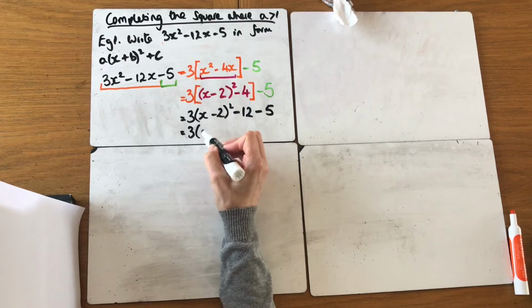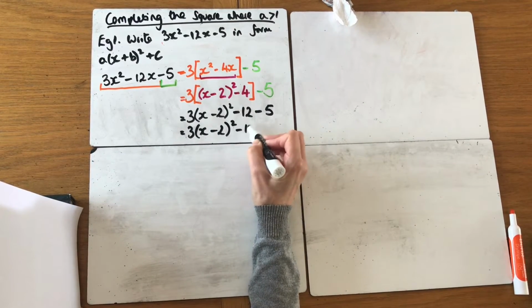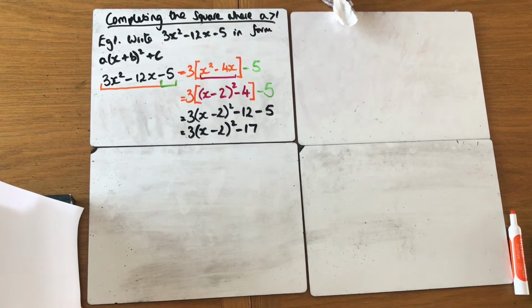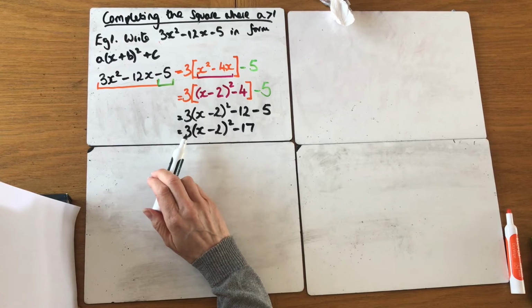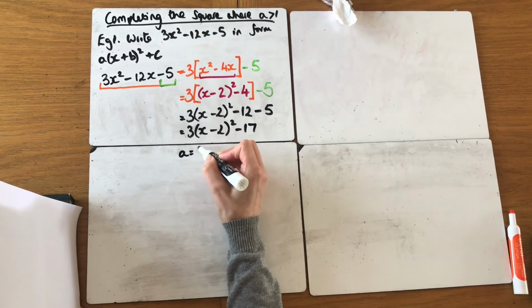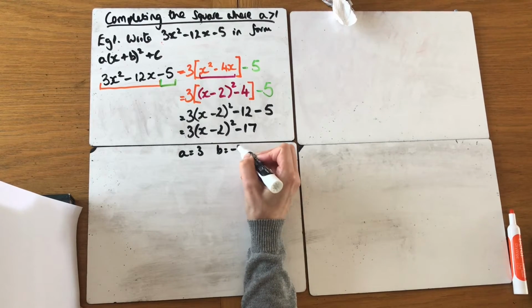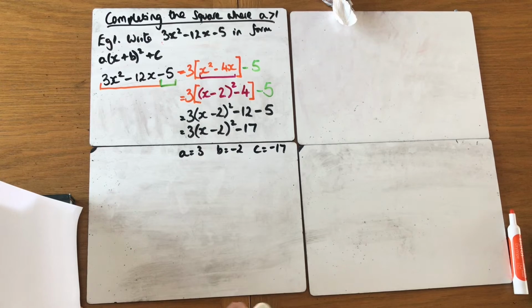Simplifying gives me 3(x minus 2) all squared, minus 12 minus 5 is minus 17. So when I'm completing the square with a greater than 1, I do end up with a number in front of my bracket, and I can say a equals 3, b equals minus 2, and c equals minus 17.